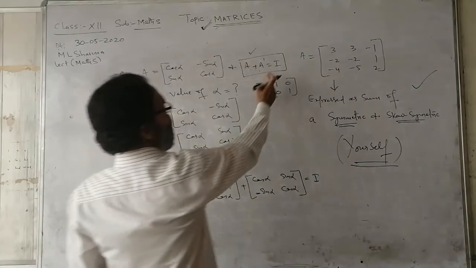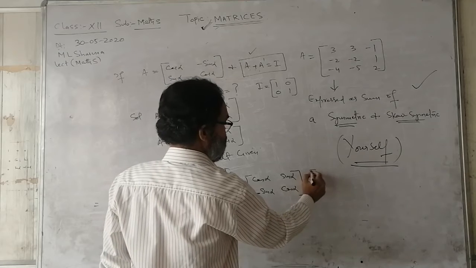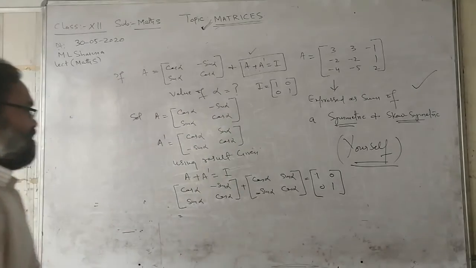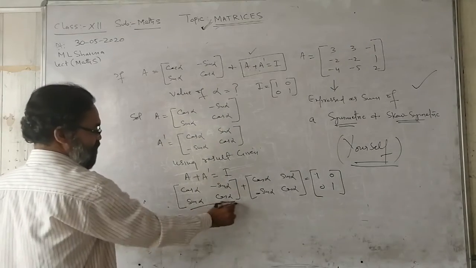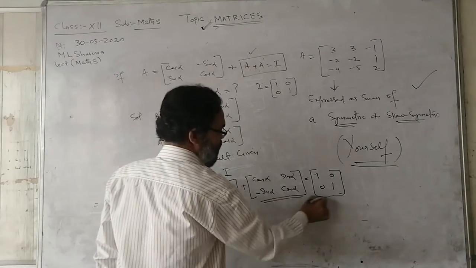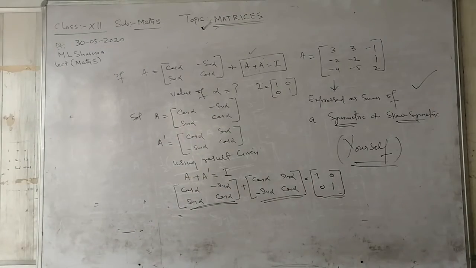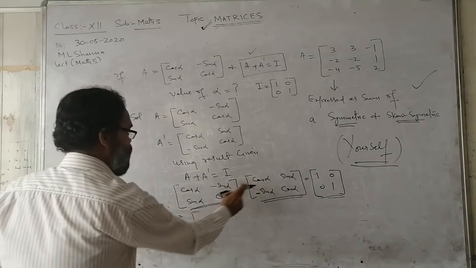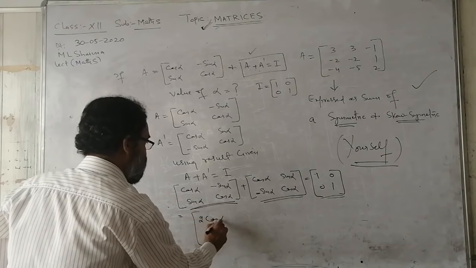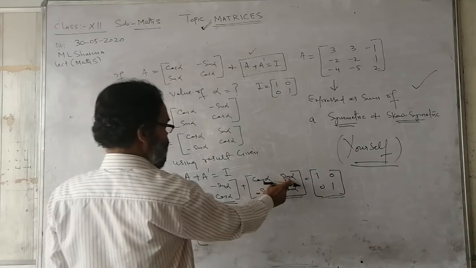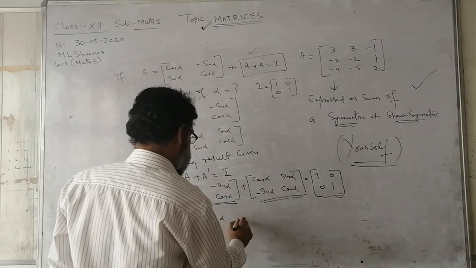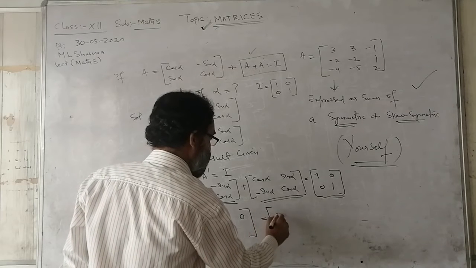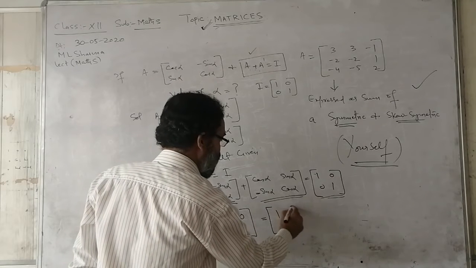So instead of I, you can write its value, 1 0 0 1, identity matrix. All three matrices are 2 by 2. So adding, cos alpha plus cos alpha is 2 cos alpha, then minus sin alpha and sin alpha will give 0, and this will equal 1 0 0 1.